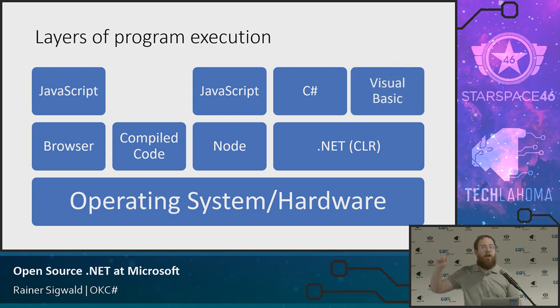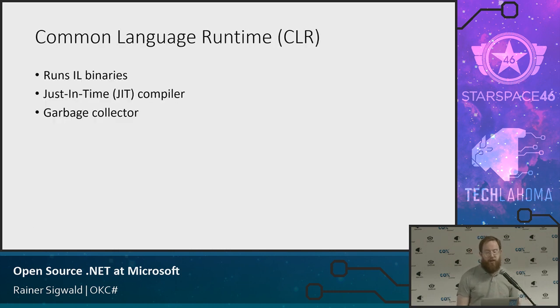So what exactly does that mean? It means that there are other things that can produce code that runs in .NET. Visual Basic is an example of that. Visual Basic is another .NET language, compiles to similar outputs, and runs on the Common Language Runtime. So the Common Language Runtime is a piece of code that runs binaries that are in a format called Microsoft's Intermediate Language, IL.